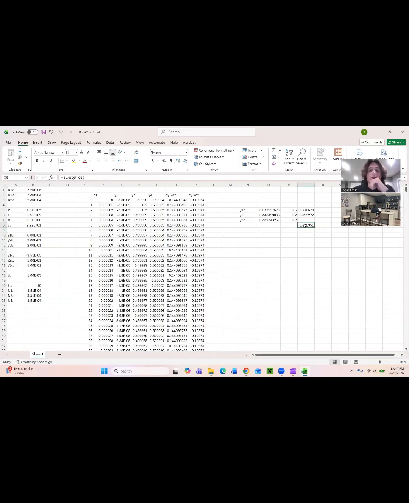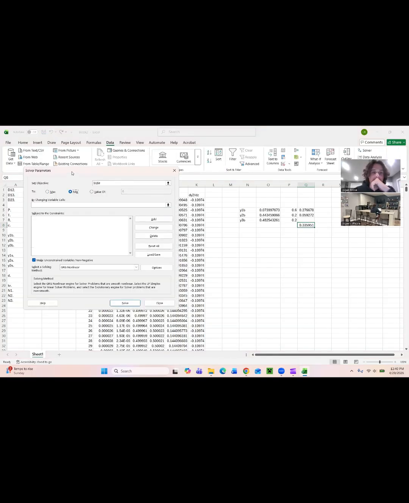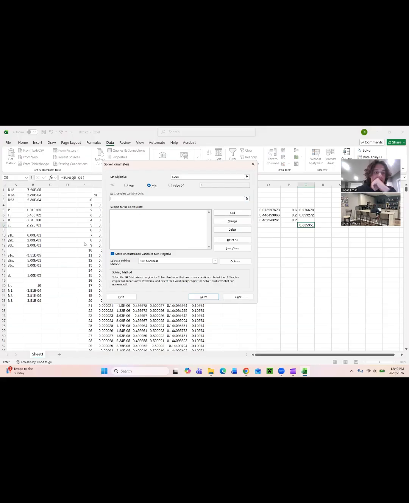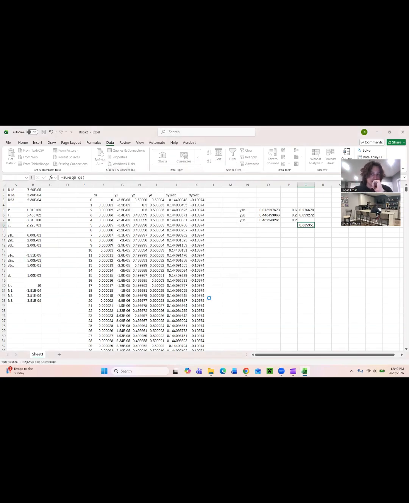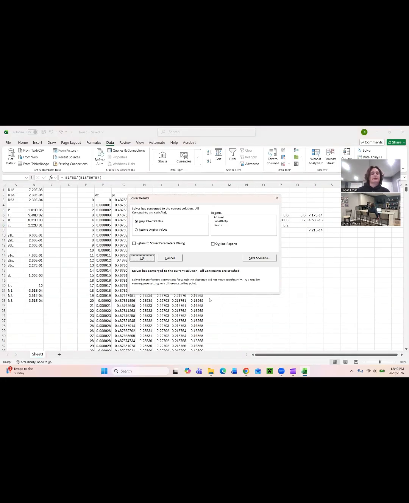And so how we're going to do that is we're going to go into Solver and minimize this, right? By changing these two values, our surface, because those are our guesses, right? So if we hit solve here and let it run, it will then solve it for us.